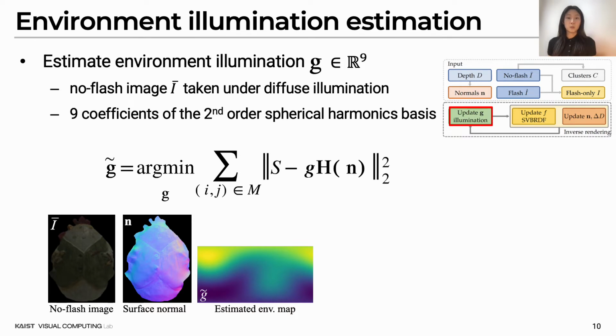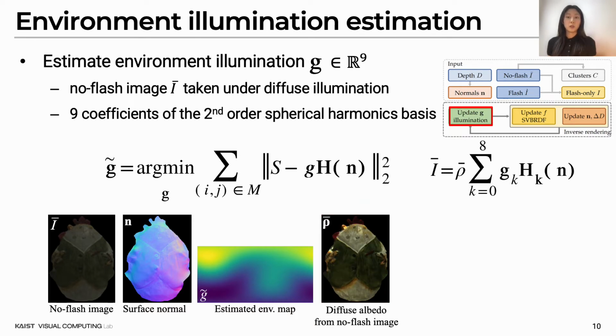Once G is optimized, we can compute diffuse albedo as well. Later, this diffuse albedo is used to register the diffuse albedo obtained from the flash-only image.